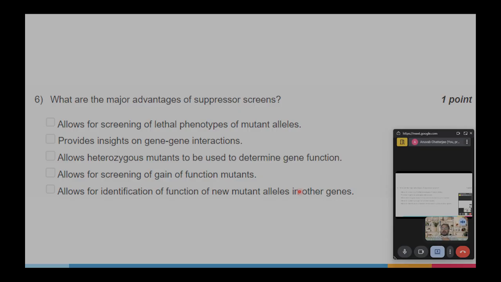So these are all the options. I will give you another moment to try and figure out the correct answer. In this particular case there is more than one correct option, so you can choose more than one.